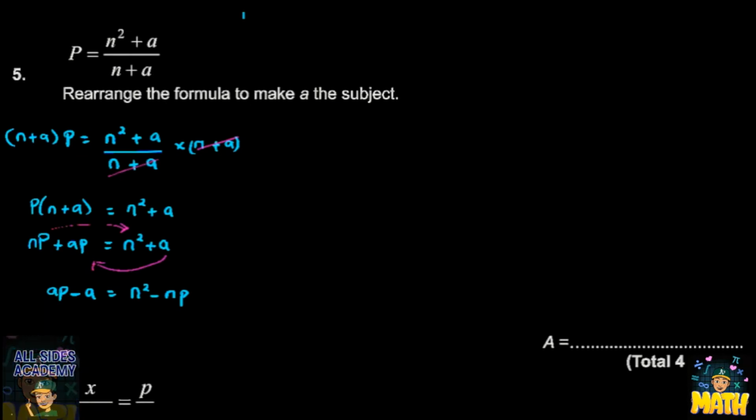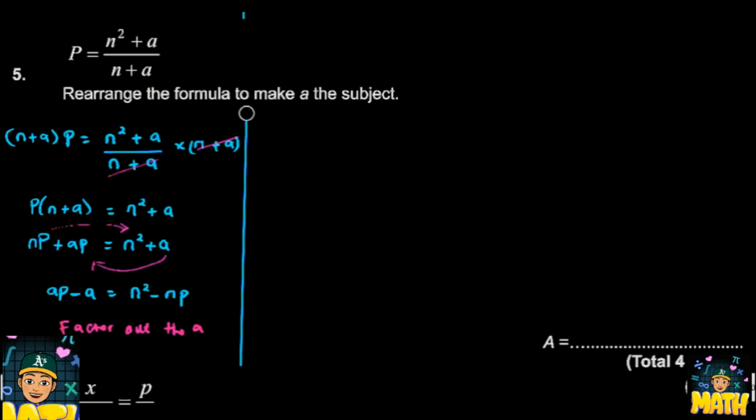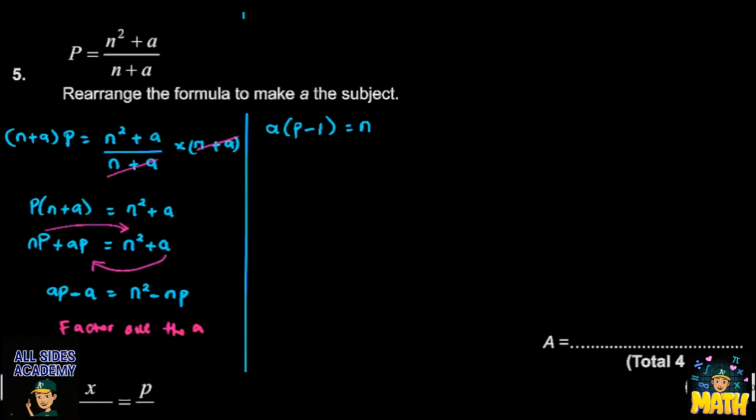The next thing is to factor out the a because it's common in the two. So factor out the a. I'll make a line right there. So always remember to arrange your work neatly. A into p minus 1 equals to n squared minus np.